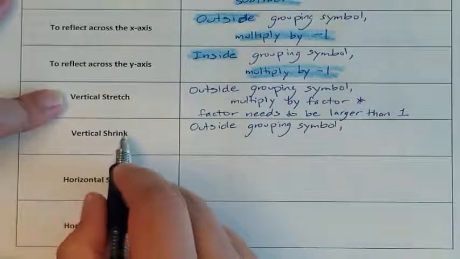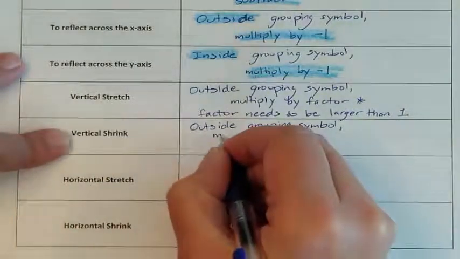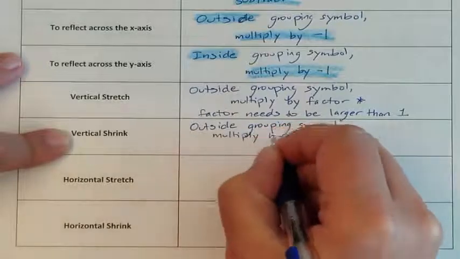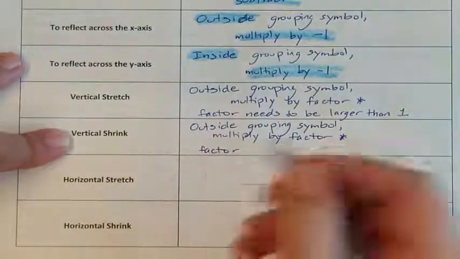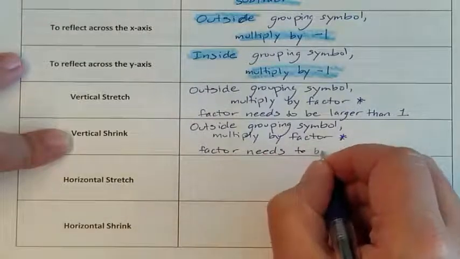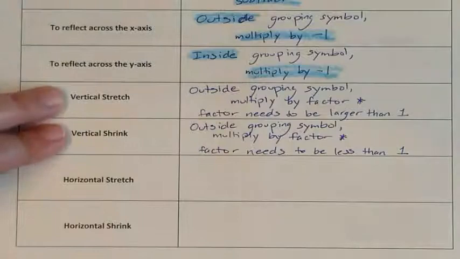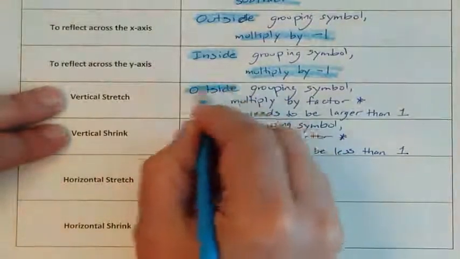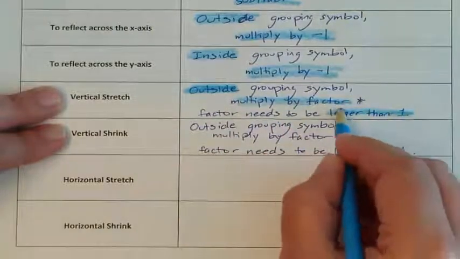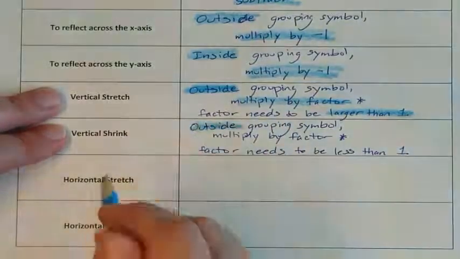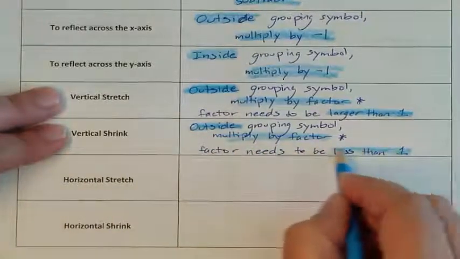If we needed to shrink, that meant we were going at a slower rate. We are still multiplying by a factor, but that factor needs to be less than 1, smaller than 1. So if I wanted a vertical stretch or shrink on the outside, stretching meant my factor was going to be larger than 1. Shrinking on the outside needed to be multiplied by less than 1.